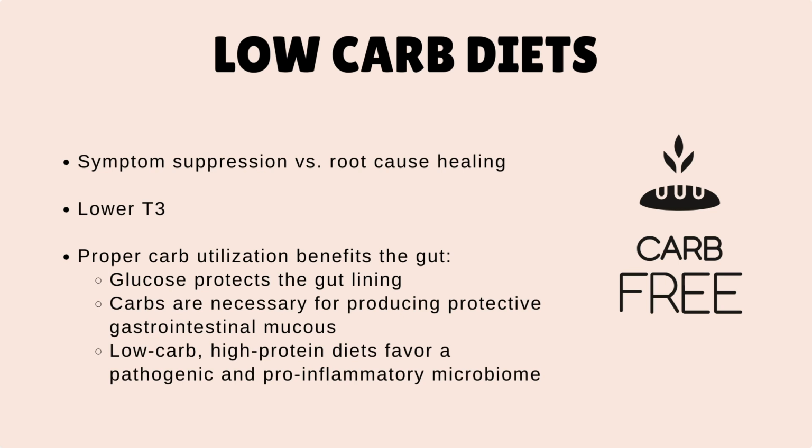And proper carb utilization has a number of gut-specific benefits. First, glucose protects the gut endothelium against stress and maintains gut barrier integrity. Second, carbohydrates are necessary for producing protective gastrointestinal mucus and as an energy source to maintain adequate gastrointestinal function. And third, low-carb, high-protein diets favor a pathogenic and pro-inflammatory microbiota profile with reduced short-chain fatty acid production and increased ammonia, phenol, and hydrogen sulfide production, driving mucosal inflammation and other intestinal issues.